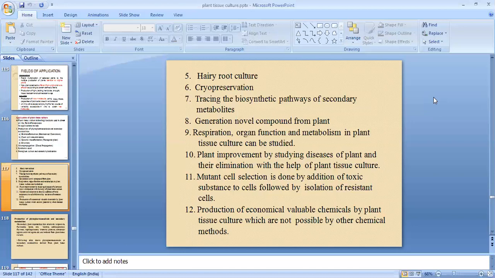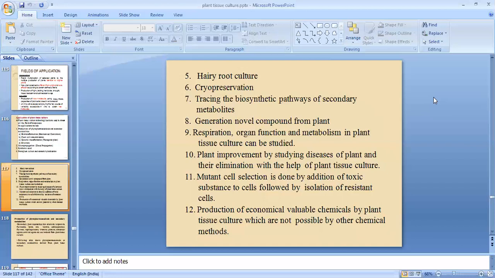And plant improvement studies also can be done to produce disease free plants by studying the various kinds of diseases occurring in the plant. Also mutant cell selection is done by this method, by adding a toxic substance to the cells during the production, and then isolating the resistant cells. Thereby you can study the mutant cell selection.